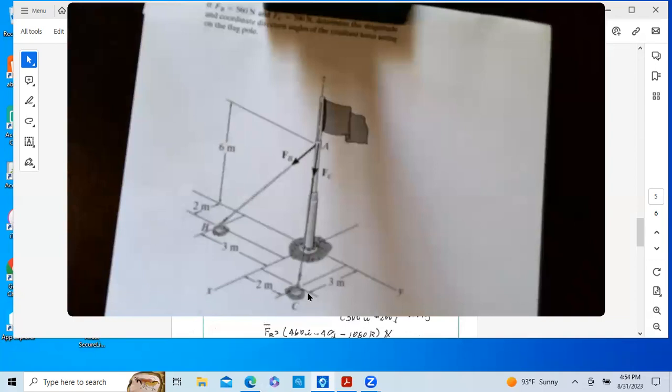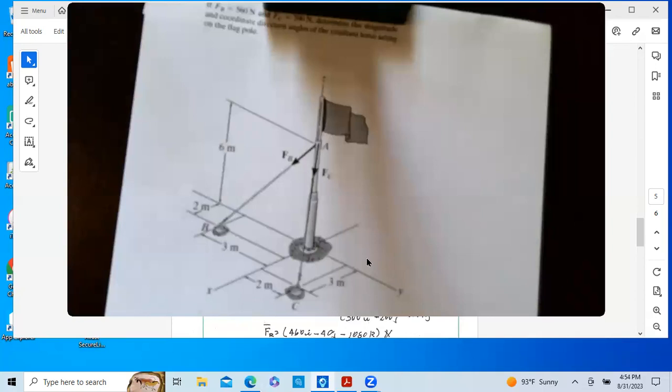I don't think I would ever give you a problem using angles rather than dimensions. This is much easier to work with, and I think it makes a little bit more sense to use dimensions. And most problems are shown this way. They're not shown with angles. Take a look at that other problem that I have listed in there. Okay.